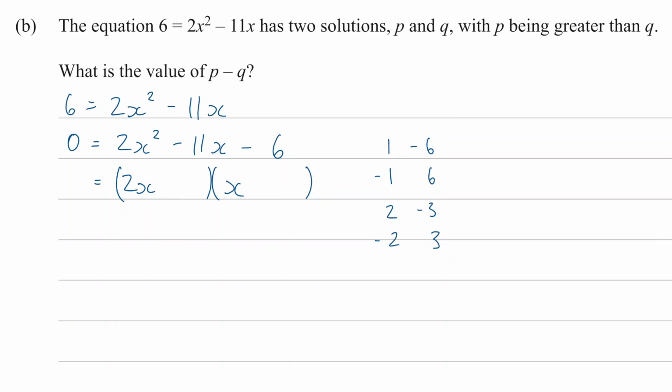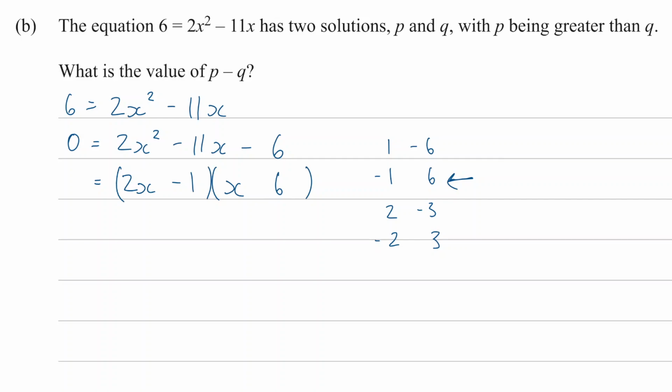And now you pick one. This could be done on the side of the page, your rough working, or if you're a genius, not like me, you could do it all in your head. So let's try the second one and see what happens. So negative 1 and positive 6.